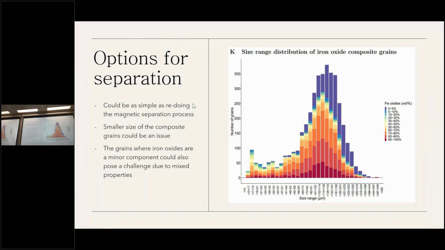However, that's really a small fraction of all grains. The smaller composite grains tend to be in the lower classes. So we also have to remember that their properties will be mixed.